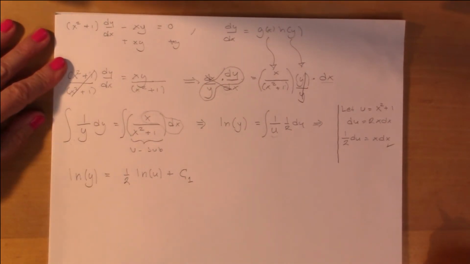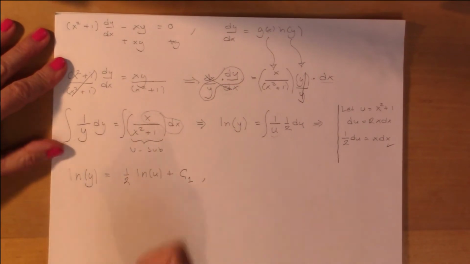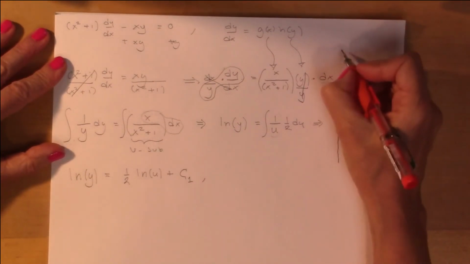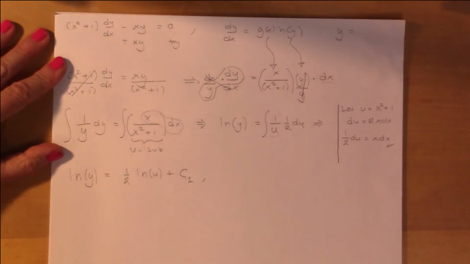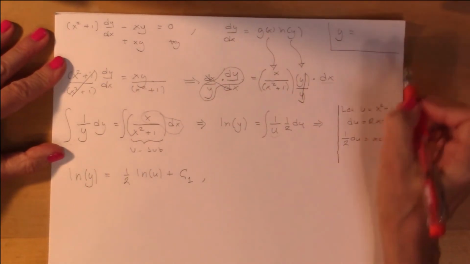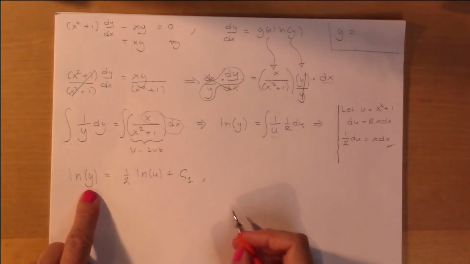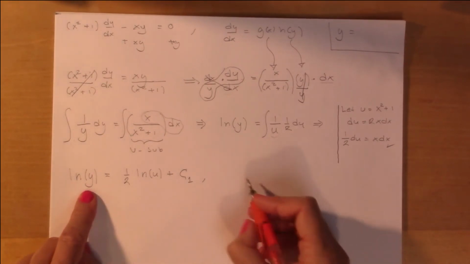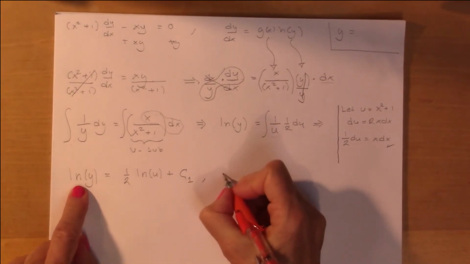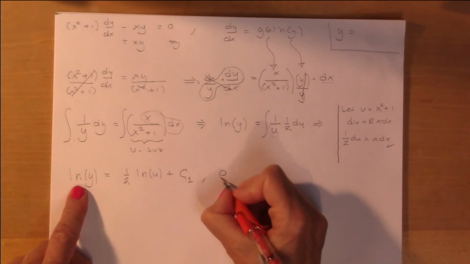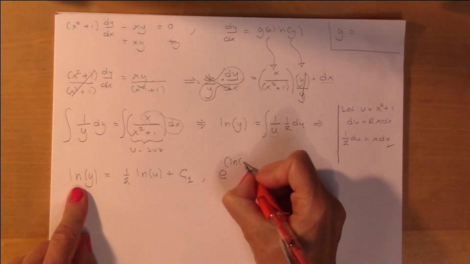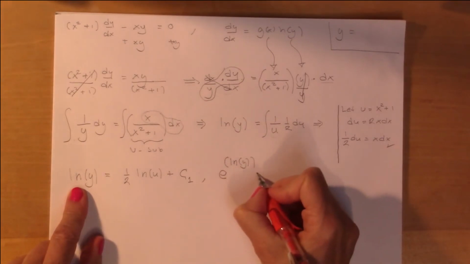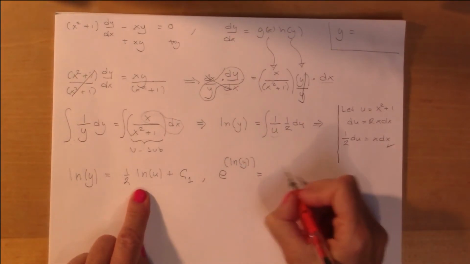Now, to get the y out, because in the end we want the function to be equal to y, we can raise both sides to the power with e as the base. So then we have e to the power of ln of y equals this whole chunk.